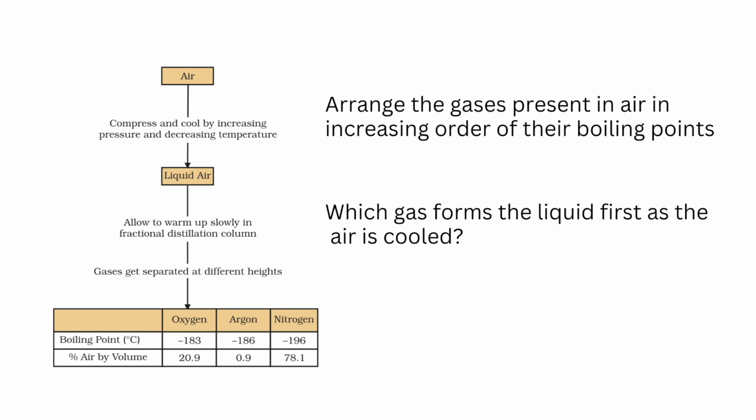Okay, now in this table we are given that oxygen's boiling point is minus 183, argon's is minus 186 and nitrogen's is minus 196. Sorry, it's degrees Celsius, not Kelvin. That was my bad. So oxygen is minus 183 degrees Celsius, argon is minus 186 and nitrogen is minus 196.